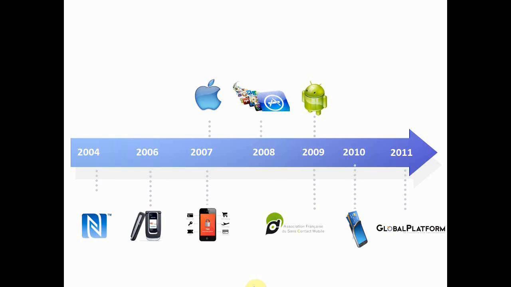That meant that at that moment, only feature phones, so non-Android, non-iPhone, were able to be managed by that association. This standard was initially French. Now it has been endorsed internationally by different companies, and the standardization body is Global Platform so far.